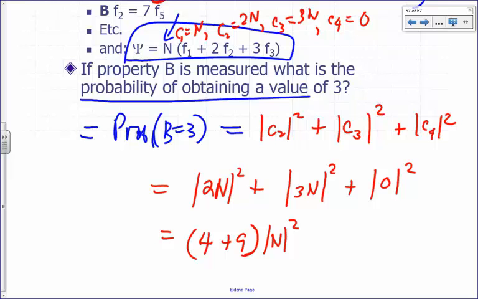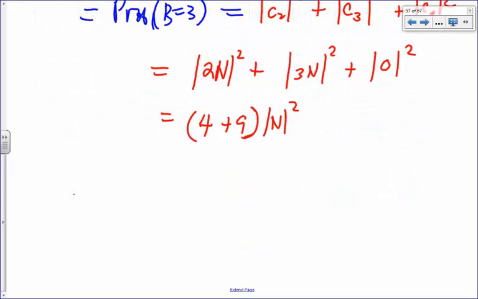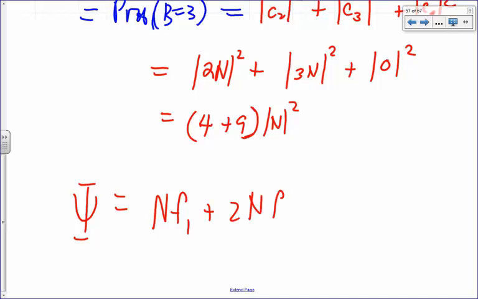Now what is the absolute value of N squared? Do you remember? What is the last one, 0 squared? c4 is 0. This is c1 f1, so c1 is N, and c2 f2, so c2 is 2N. Remember, there's an N right there. Let me rewrite that. We're saying psi is equal to N f1 plus 2N f2 plus 3N f3.